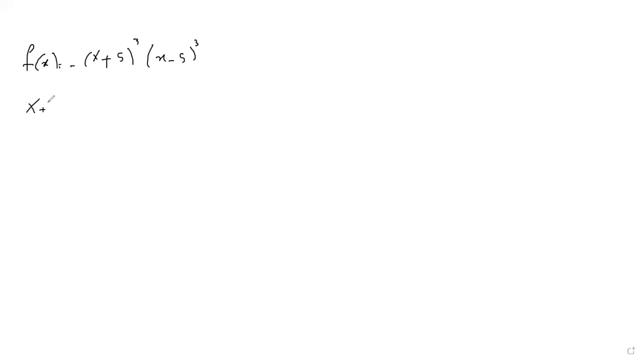Each bracket you set equal to 0: x plus 5 equals 0, x minus 5 equals 0. From the first one, x equal to negative 5. From the second, moving 5 to the other side, x equals positive 5. We have 2 zeros.